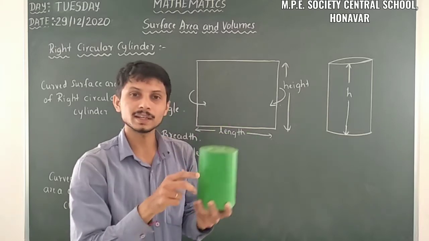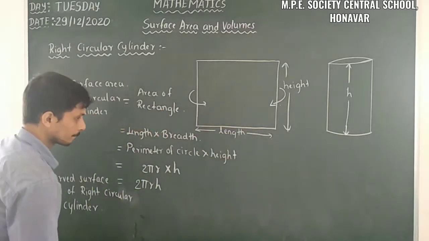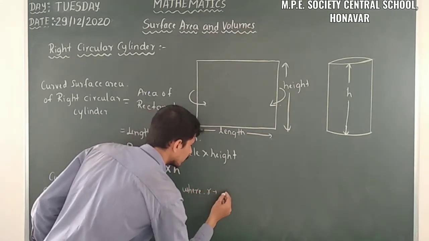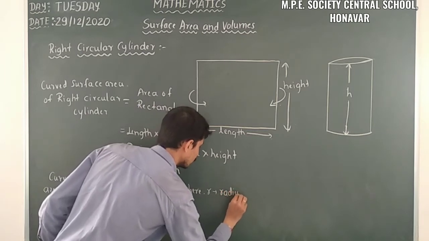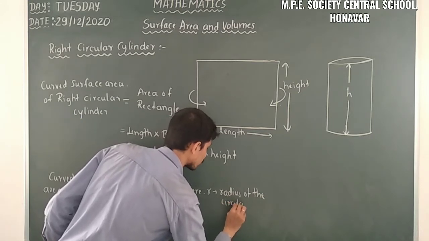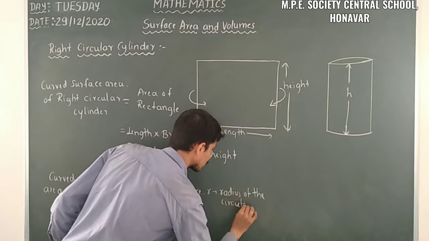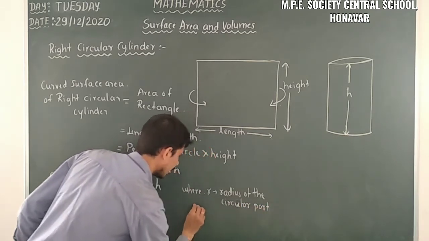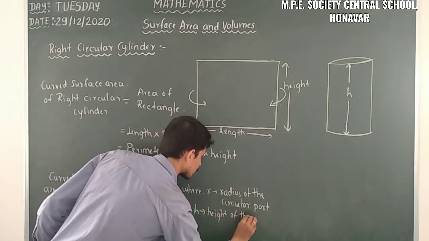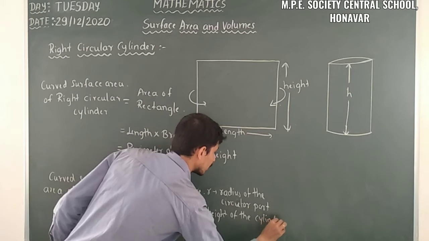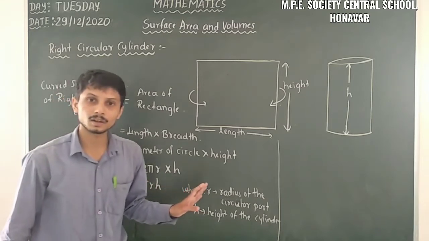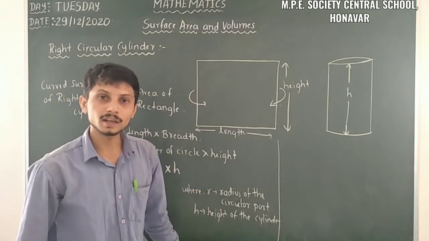Then we also need the height. Here R is the radius of the circular part, and H is the height of the cylinder.